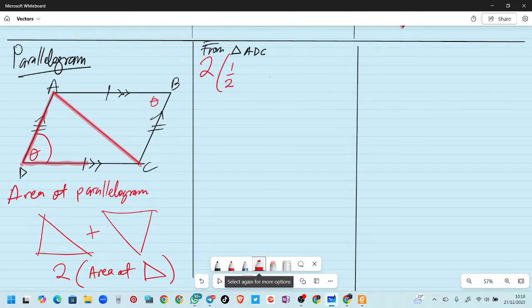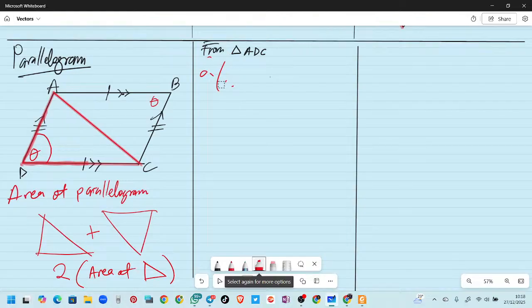Find the area of this triangle, multiply it by 2, then I'm good to go. Now the angle is lying in between what? AD and DC. Are you okay? So if I want to find the area of this triangle, how will I do it?